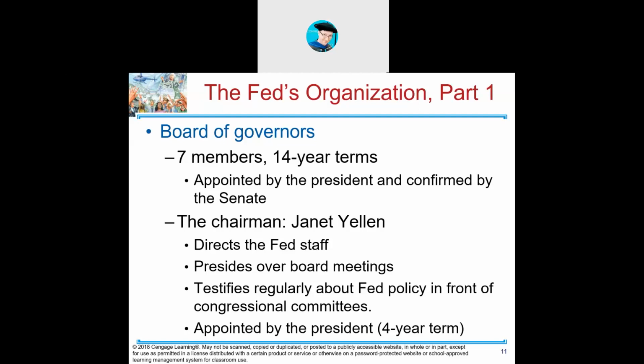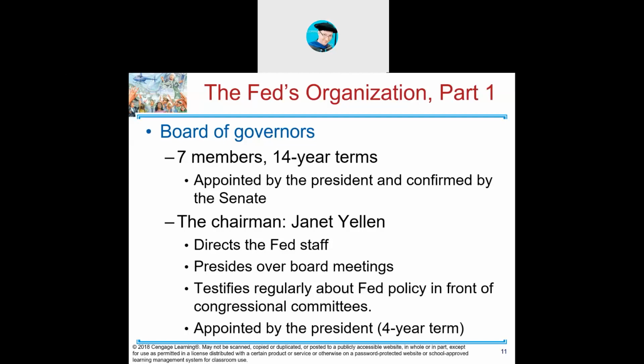So the Federal Reserve is organized with 7 members and 14-year terms, appointed by the president, confirmed by the Senate. Janet Yellen, before Trump, during the Obama administration, was the chairwoman of the Federal Reserve. And then currently it's Jerome Powell, who's the chairperson of the Federal Reserve.